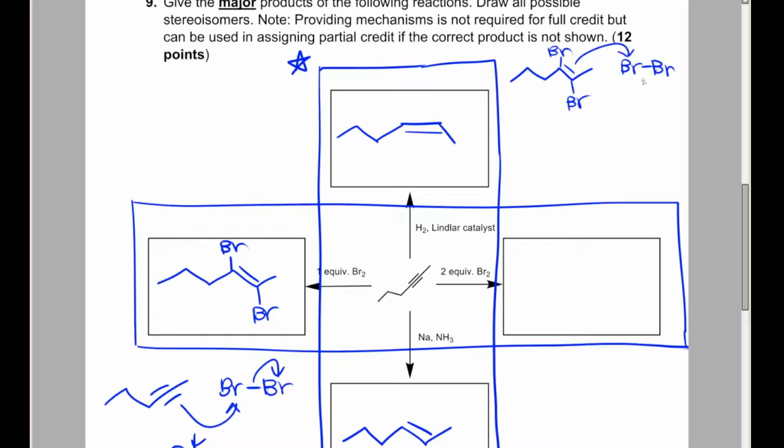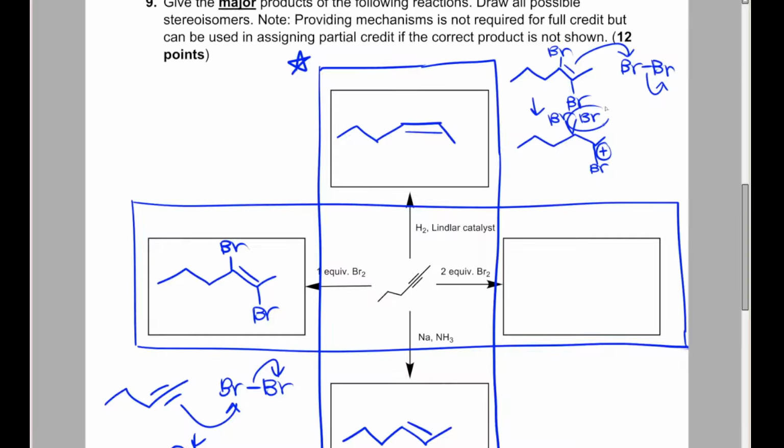It's going to grab one of the bromines and the other one will leave. And we're going to get an intermediate that looks like this, where on one side of this alkene we add a bromine bond, and the other one is going to have a carbocation.